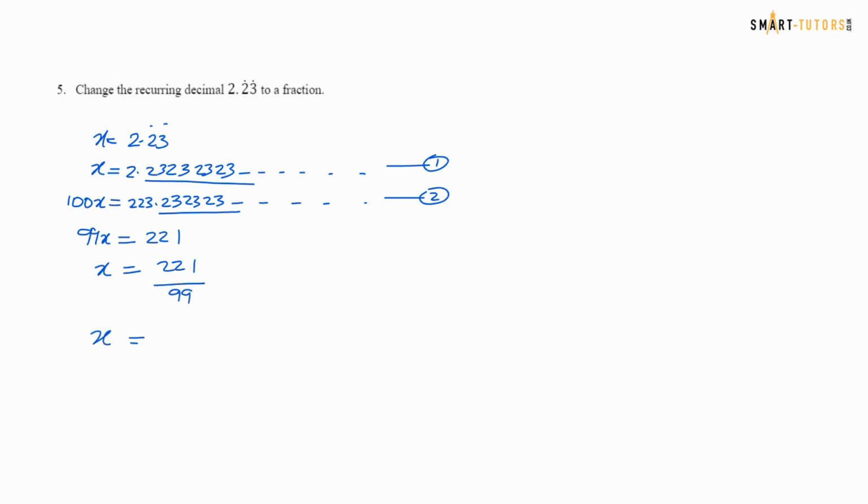So x equals, you need to make it as a mixed fraction, 2 and 23 over 99. 2 times 99 is 198. 221 take away 198 is 23. That is the answer for question number 5.